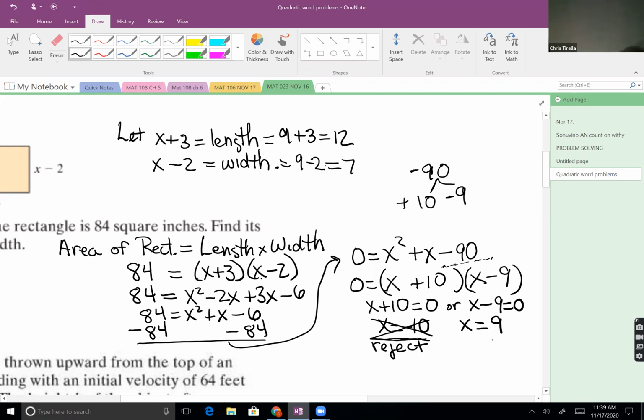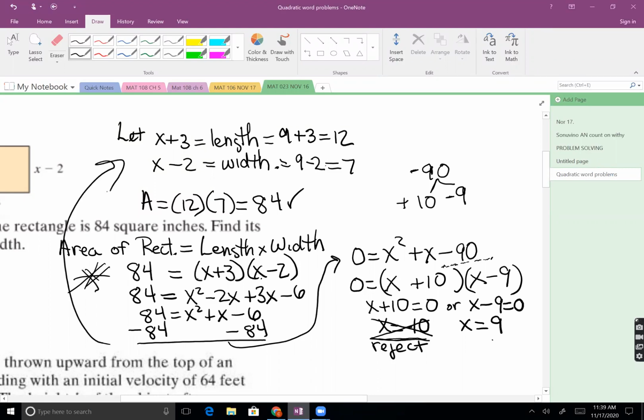And so my check, the area is length times width, and 12 times 7 is 84, and so it checks. Do you see how in order to check, I did not go back to my equation? I went back to the words of the problem.